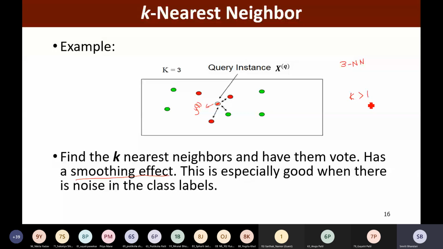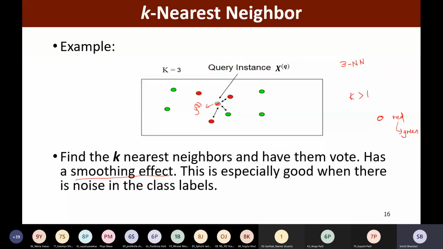What does noise in the class labels mean? Sometimes it may happen that a few of the samples in the training data set are incorrectly labeled. Meaning, if the sample is a red sample, it is labeled mistakenly as green. So that is called a noisy label, right?